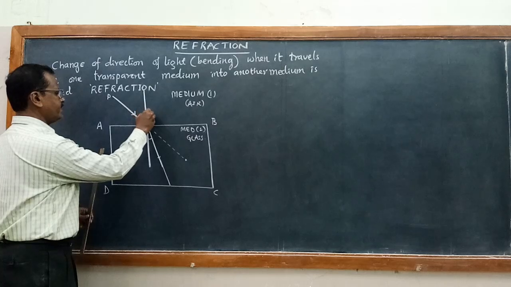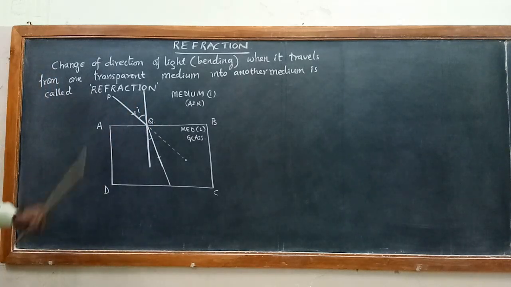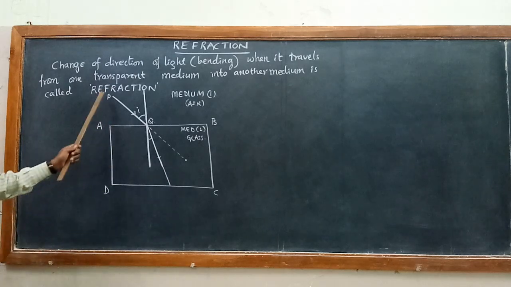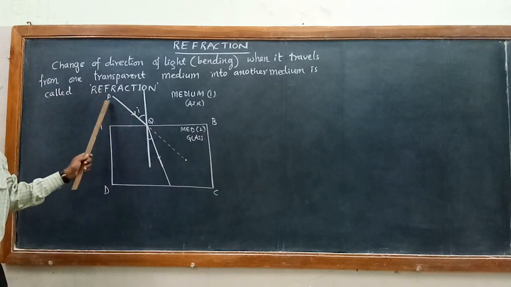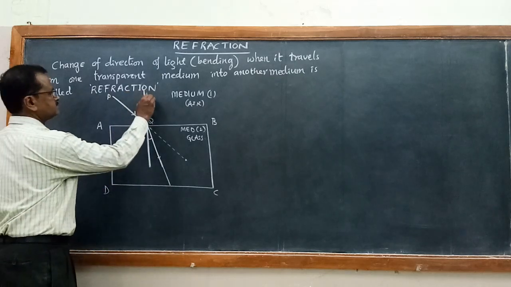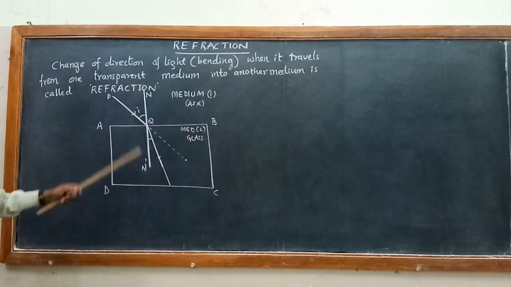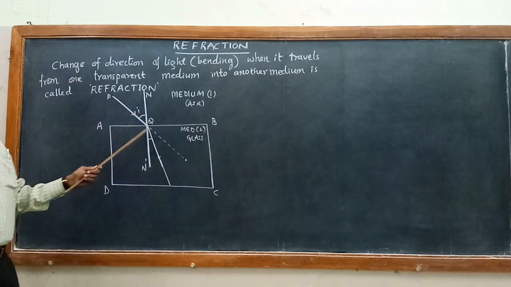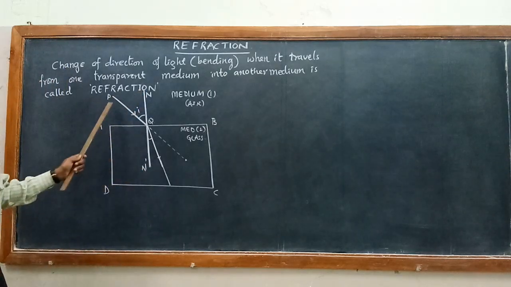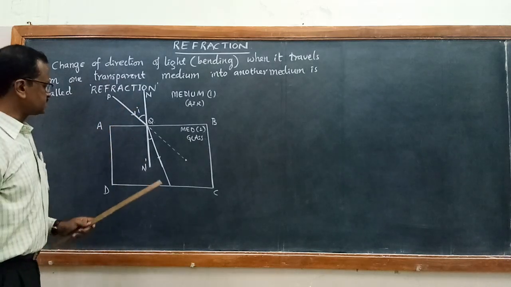The angle made by the incident ray PQ with the normal is called the angle of incidence. The normal is this N dash. I call this N dash a normal at the point of incidence.